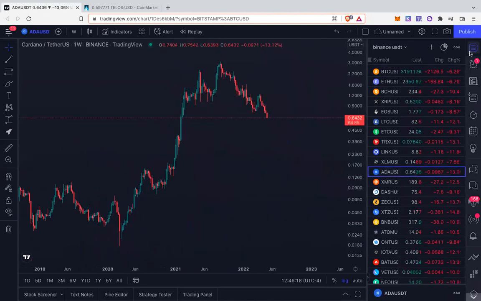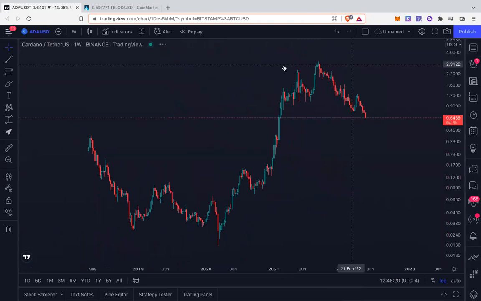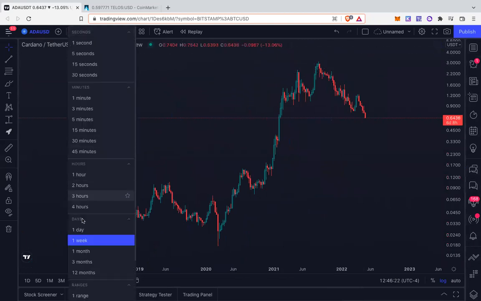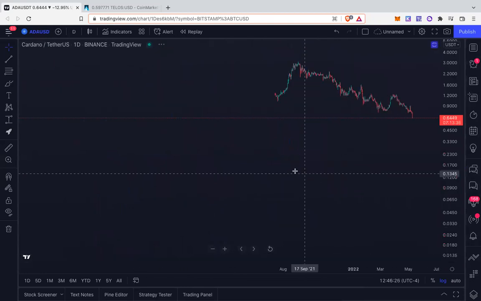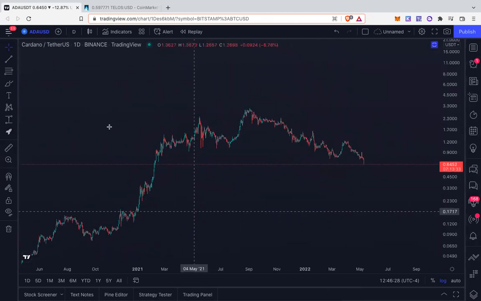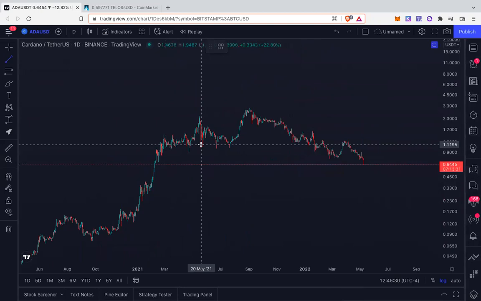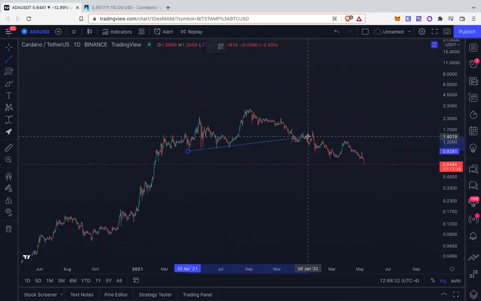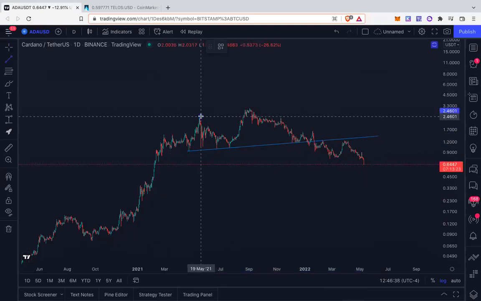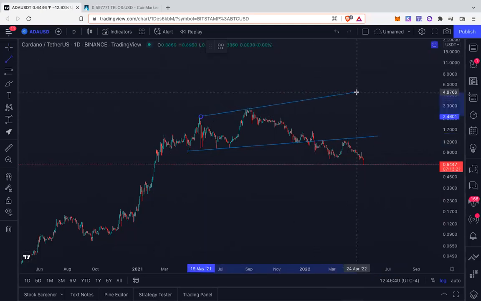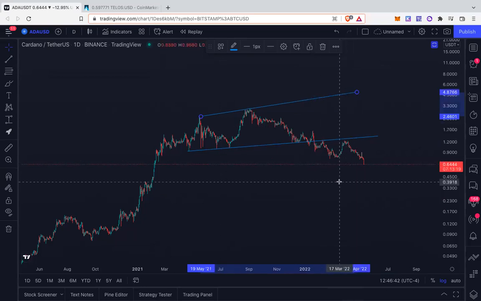ADA, been extremely bearish on ADA for a minute. It had this upsloping, again, like a broadening wedge, more like a channel.